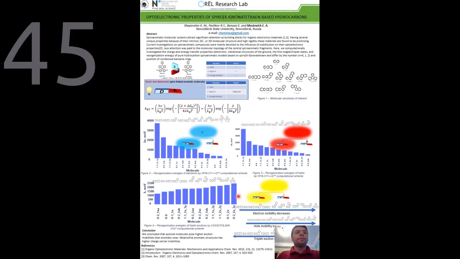We found out that the highest electron and hole mobility is for more aromatic compounds, and the highest triplet exciton mobilities for quinoid compounds.